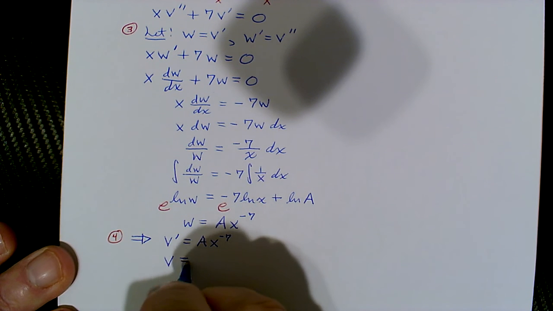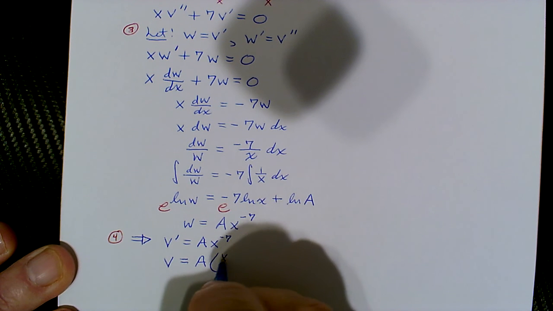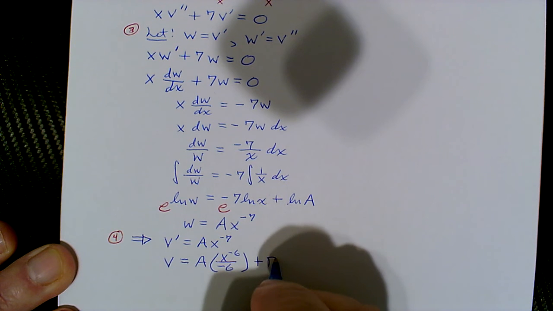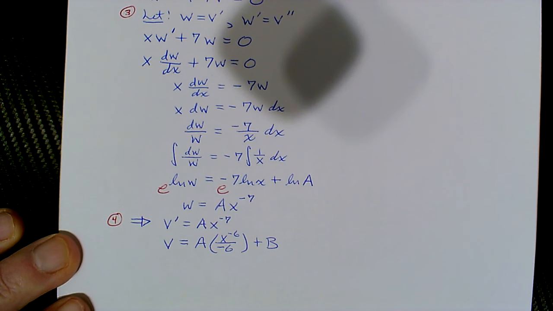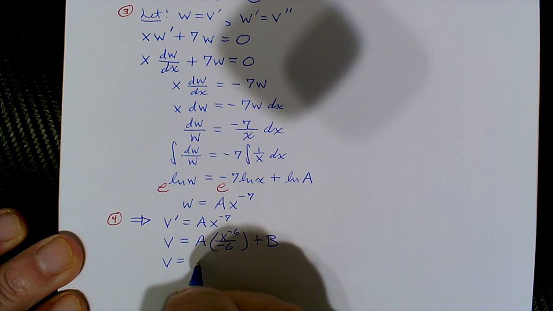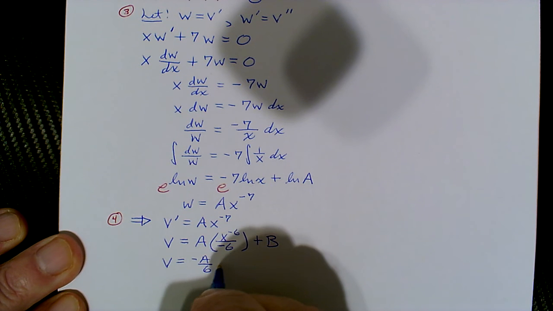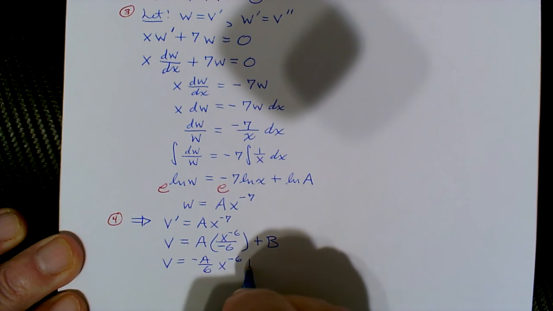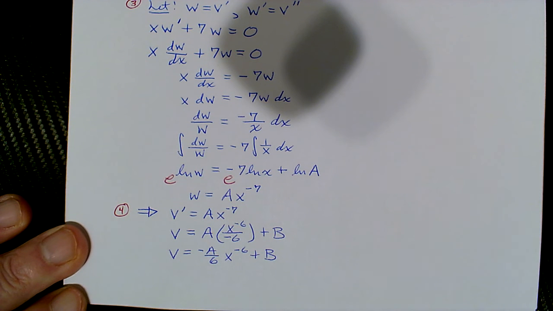So therefore v is going to be, you could throw the integral sign in front of each side, but that'll be a times x to the negative 6th over negative 6. Then we add a constant of integration that we're going to call b. And so v is then equal to, let's say, negative a over 6 x to the negative 6th plus b.